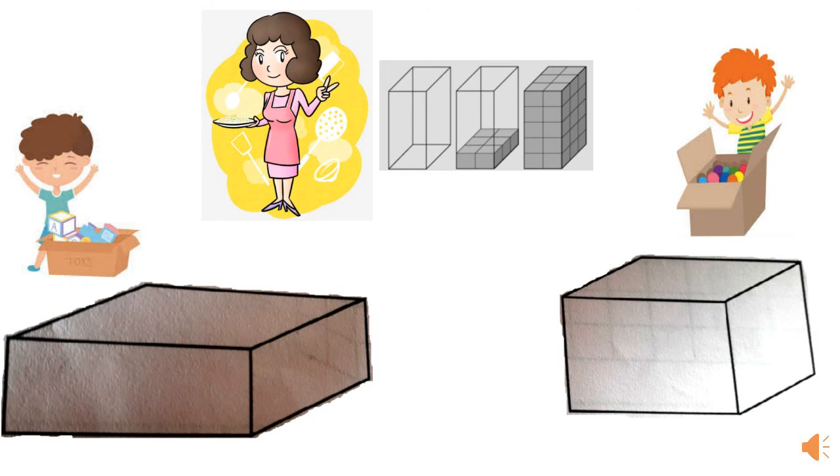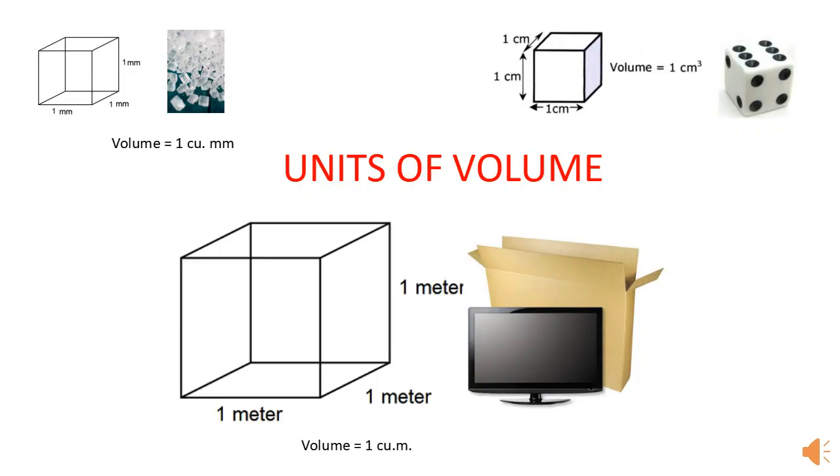Now, what is a volume? It can be measured by finding the total number of equal sized units that can fill the space without gaps or overlaps. To find the volume of objects, we fill them with cubes.